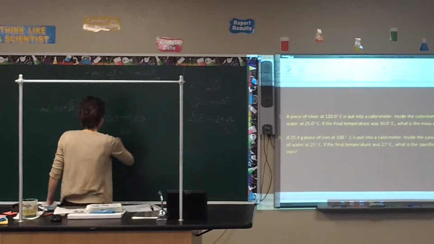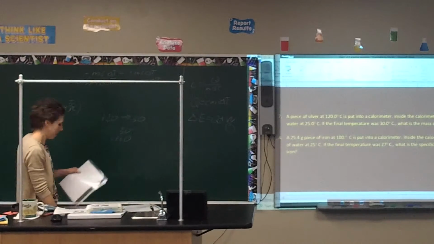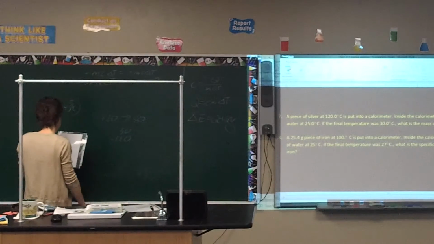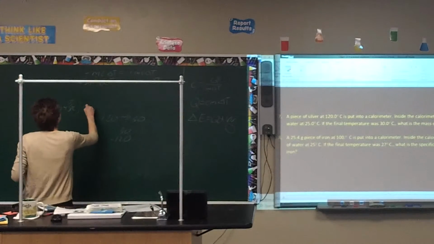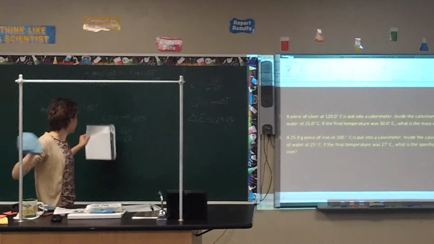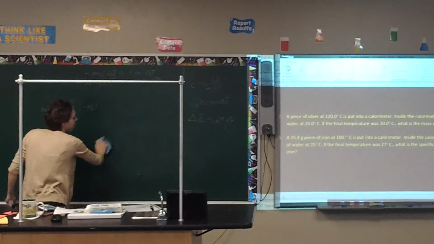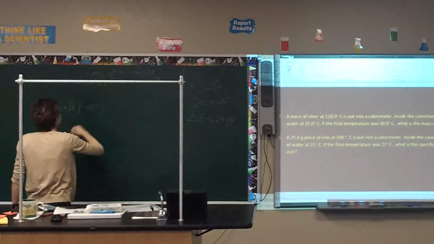So 30 minus 120. So that becomes negative 90. I'm not going to worry about sig figs right now, so I'm just going to leave it at negative 90, and then I'll figure out sig figs based on my starting calculations in a minute. So negative 90 degrees Celsius.